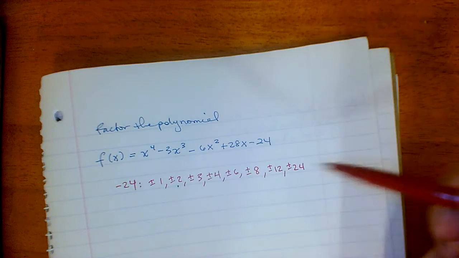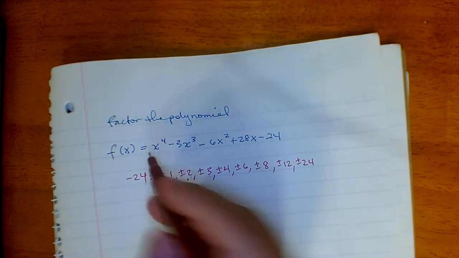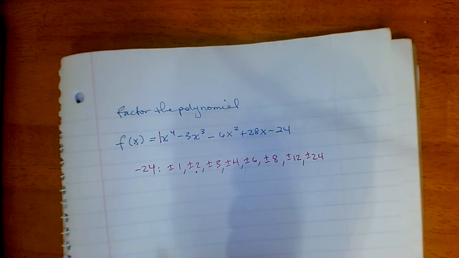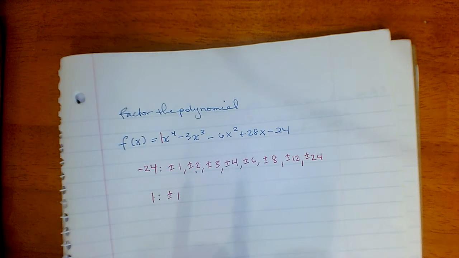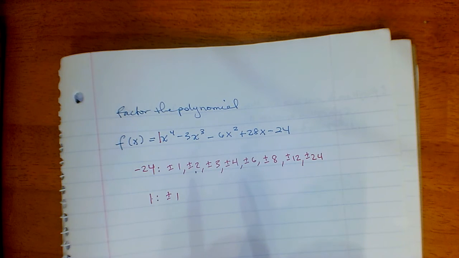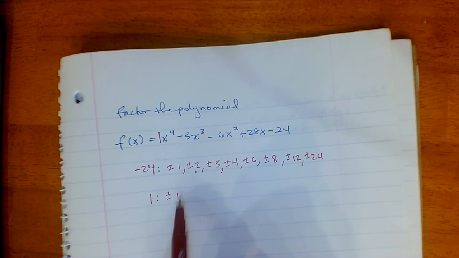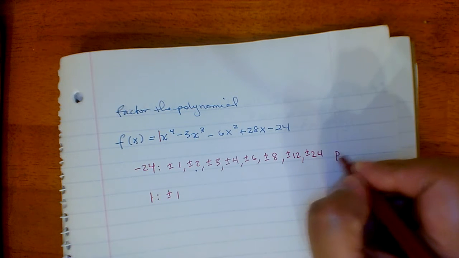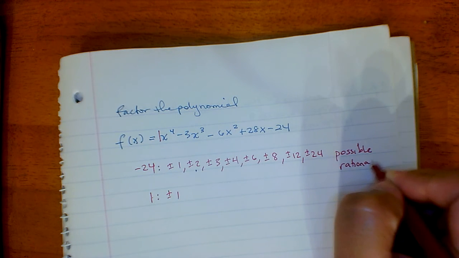So it has a whole bunch of factors. And then we also have to take the factors of the leading coefficient. Remember, if there's no number, it's an implied 1, so that's easier, only plus and minus 1. The book tells us that a rational quantity of one of these factors over one of these factors gives possible rational solutions.